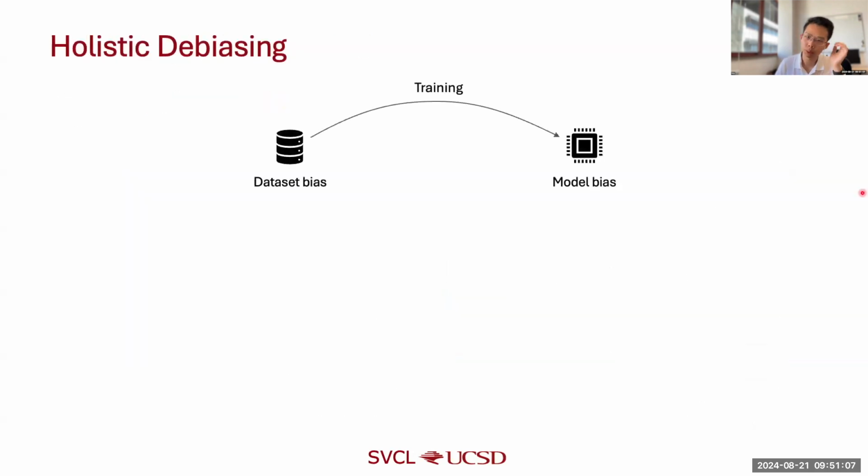This leads us to the paradigm of holistic debiasing, where we treat dataset bias and model bias as interconnected rather than isolated problems. So just like how model bias can be mitigated through its training data, dataset bias can also be addressed using smartly chosen models, including generative models.